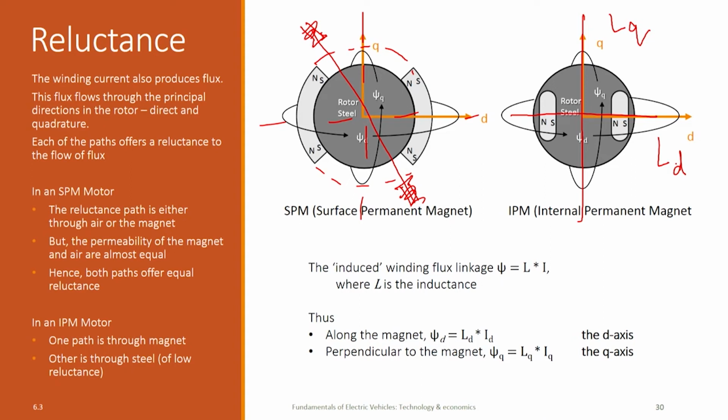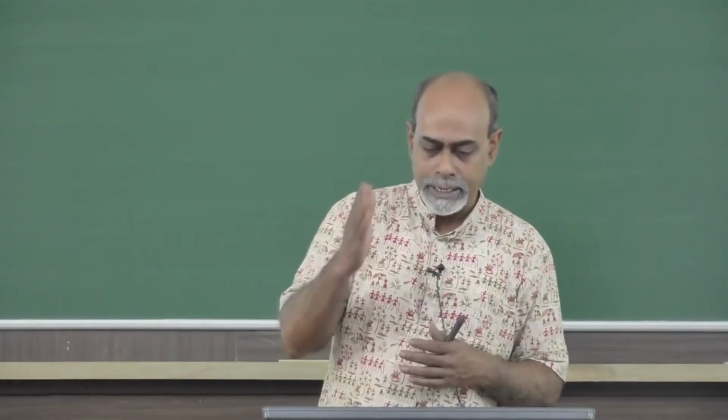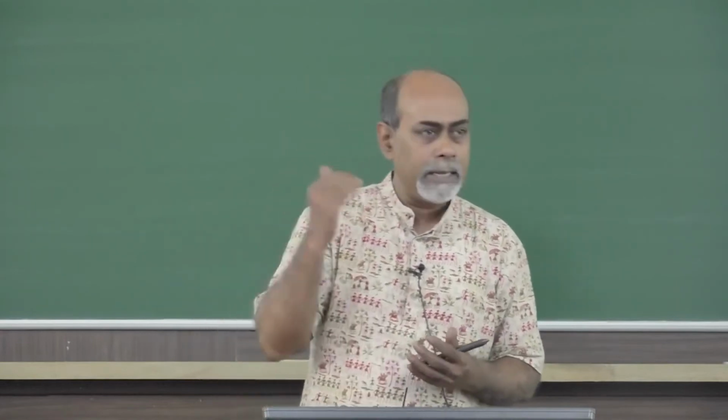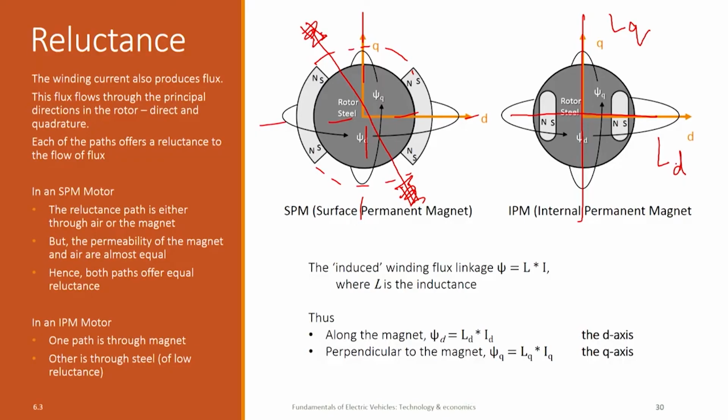In fact, they will not be in general equal, because the flux along the d axis is Ld into Id, the flux along the q axis is Lq into Iq. Since the angle that the flux is making with the d and q axis is arbitrary, it is not symmetric, therefore, Iq will be different from Id. So, straight away we can say that the fluxes will be different.